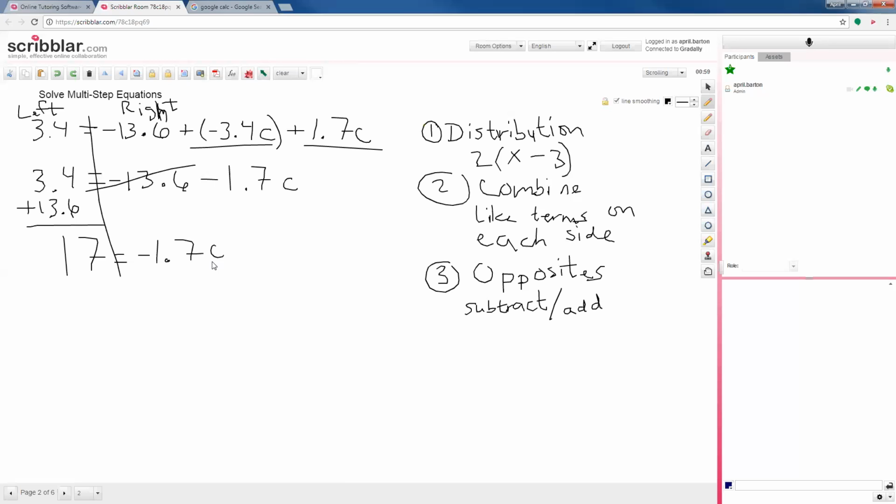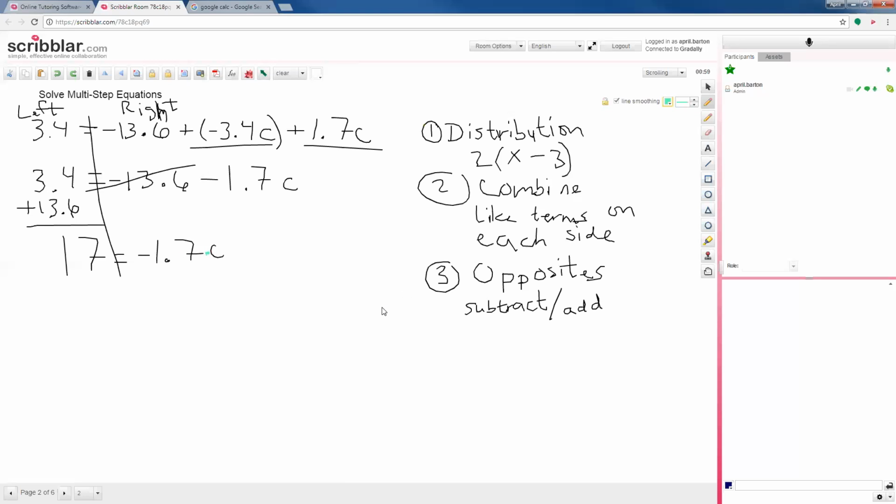Okay, and that's a common thing to say. Plus, because you see that negative sign, that is what our brain wants to do. Our brain is like negative, plus, done. This one's a little bit trickier because they don't show how the negative 1.7 is actually interacting with the c. They assume you know. The negative 1.7 is actually multiplying by the c.